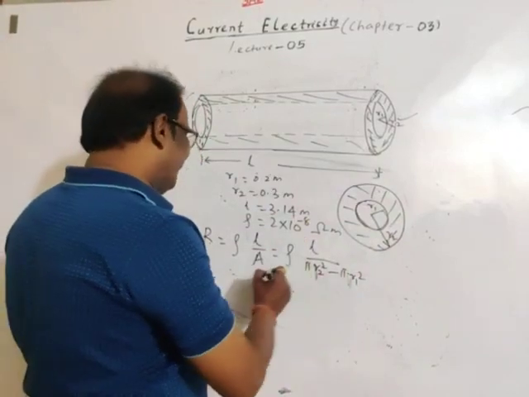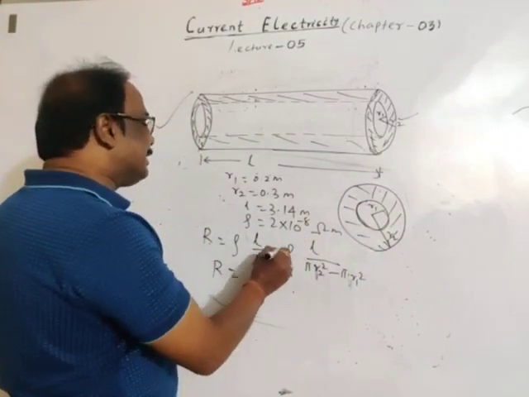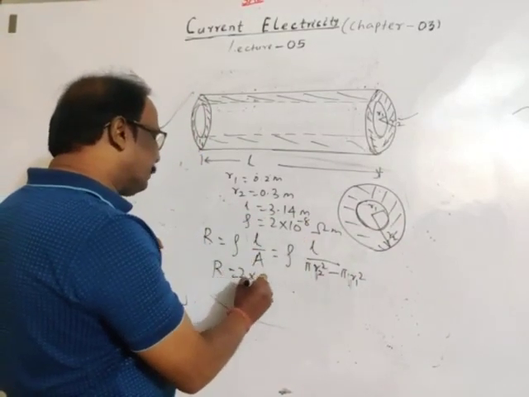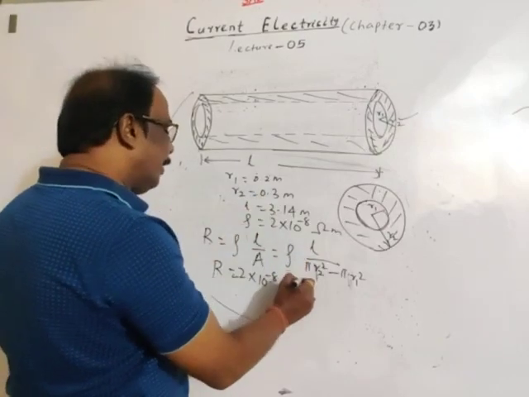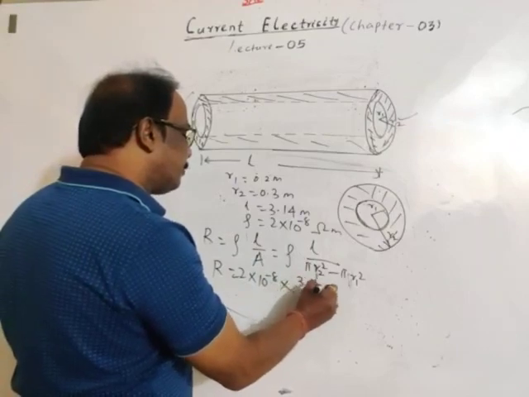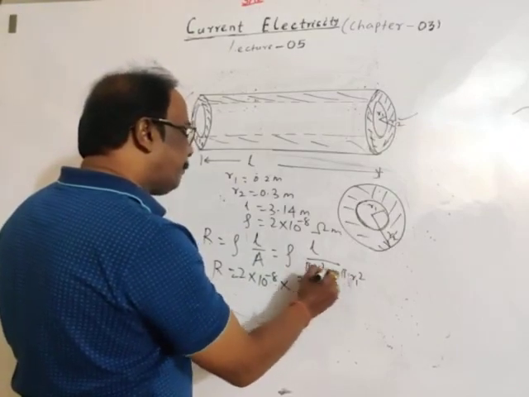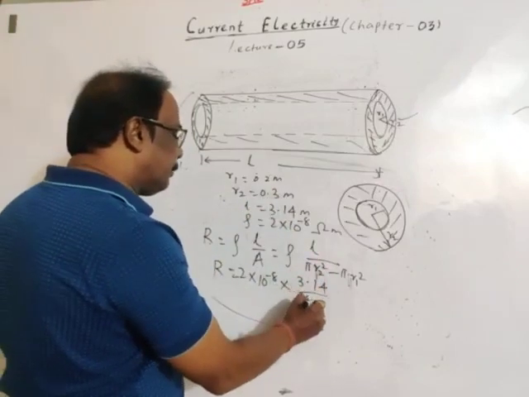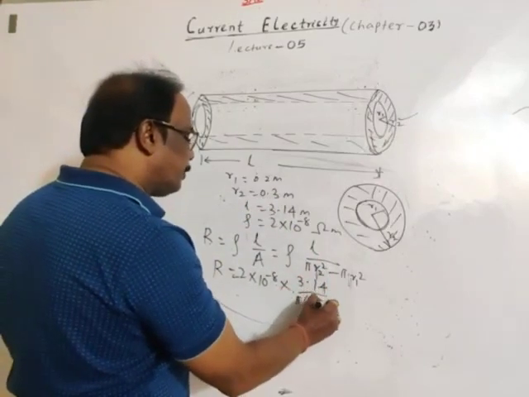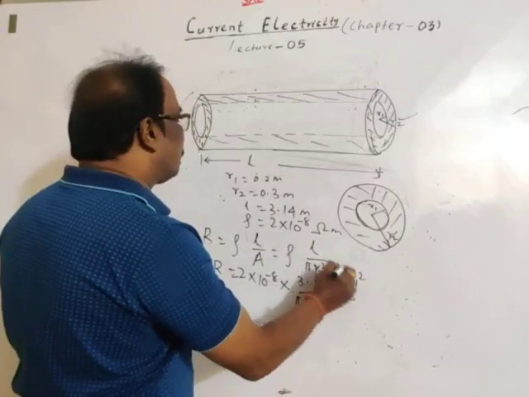Now, resistance is rho, which is 2 into 10 to the power minus 8, into L, length is 3.14. Bring pi common into R2 square minus R1 square. R2 is 0.3, so R2 square is 0.09, minus R1 square.